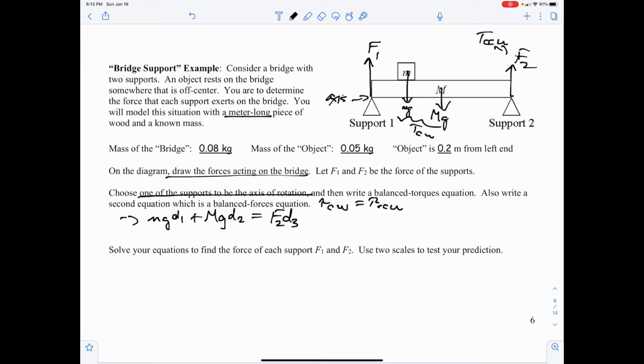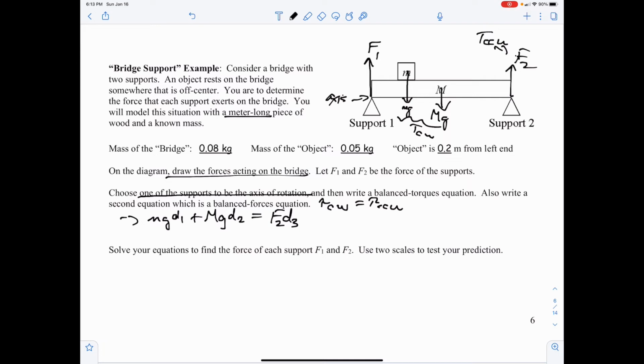Okay, so we're determining the force that each support exerts on the bridge. So basically we want to do this one at a time, letting each support be the axis of rotation.